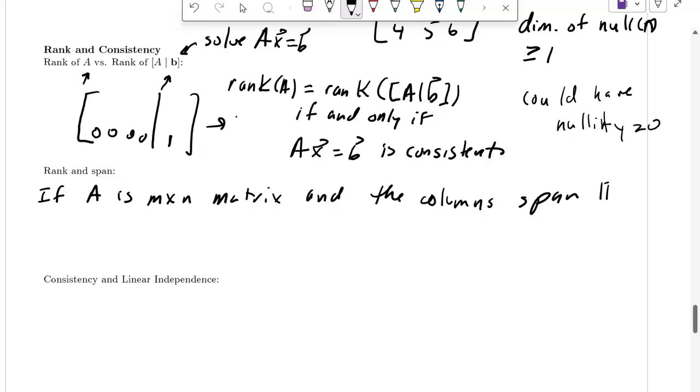The columns go this way? RM, right? There's only M components. So if the columns span RM, then you said we had to have a pivot in every row. What does that say the rank of A has to be?